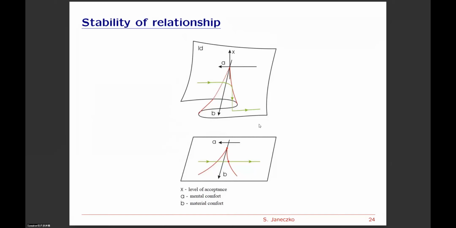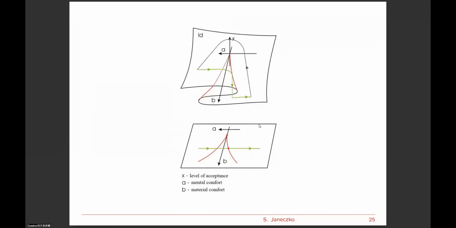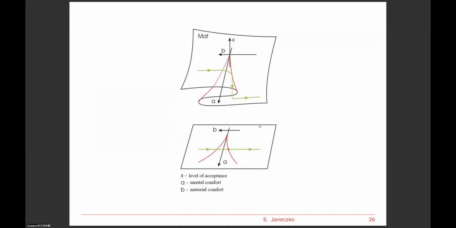You are fired from your job. You have no money at all, and even then she will keep you if she has some money. Heaven never rejects. And the model for the materialist is the same, but opposite. Now, B is material comfort.